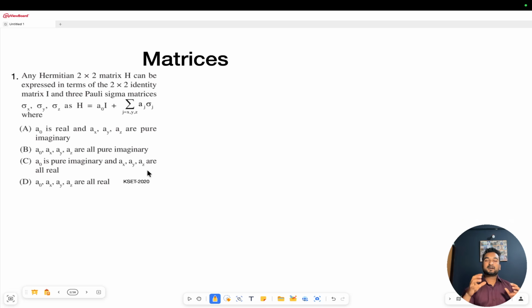One is a concept from quantum mechanics, that all the observables, like physical quantities, momentum, angular momentum, spin, then your position, all these kinds of physical quantities which are related to the real world are Hermitian matrices.